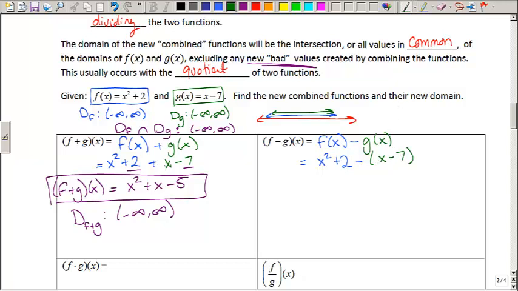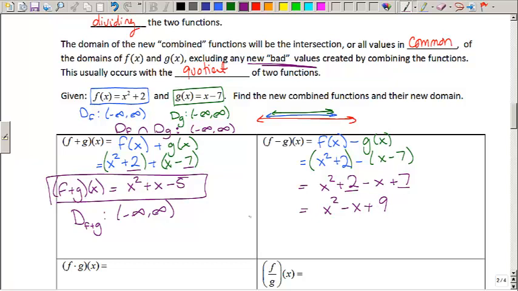Notice I didn't use the parentheses on the first problem, although if I put them here, I still would have got the same answer. So I can reduce x squared plus 2 minus x plus 7 after distributing, and combining like terms, I'm now getting x squared minus x, adding my constants, plus 9.